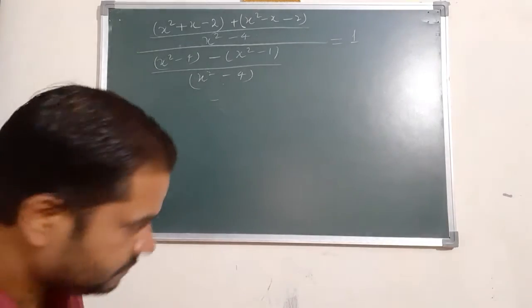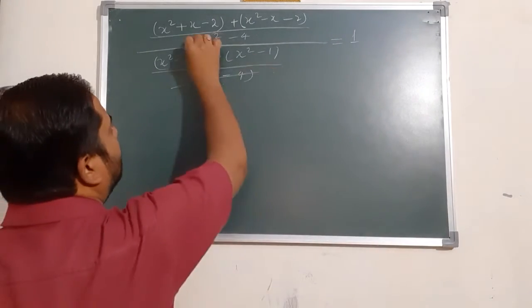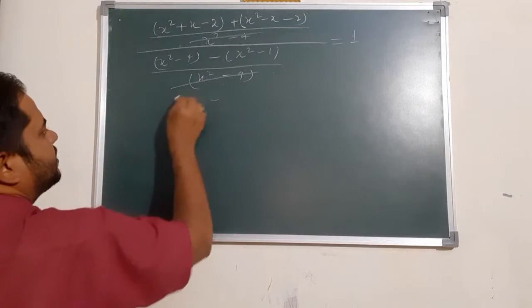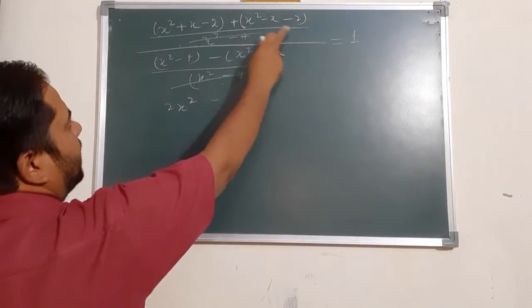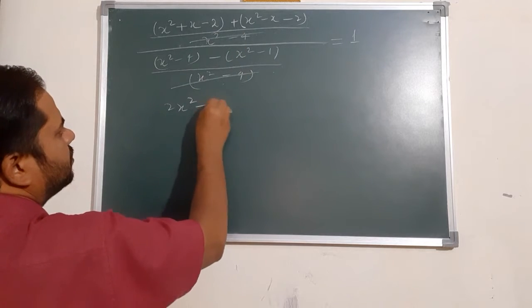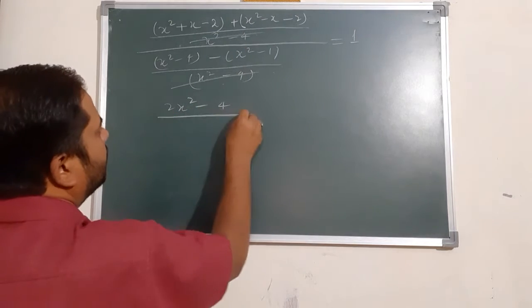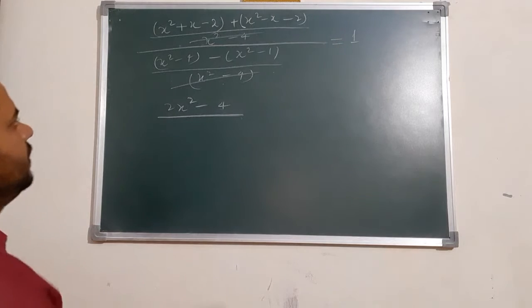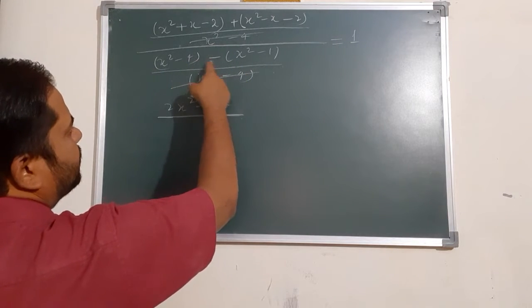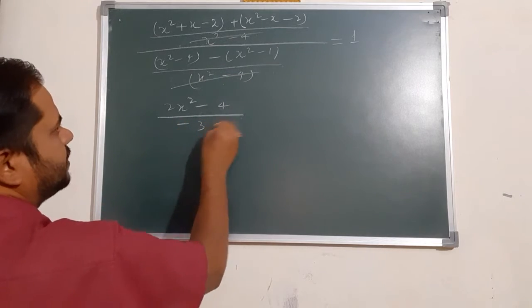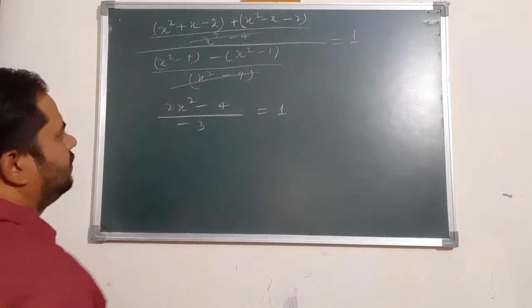Now next, this is cancelled out, and this is 2x square, x cancels, and minus 2 minus 4, the whole divided by x square cancelled out, and this is minus 4 plus 1, so minus 3, this is equal to 1.